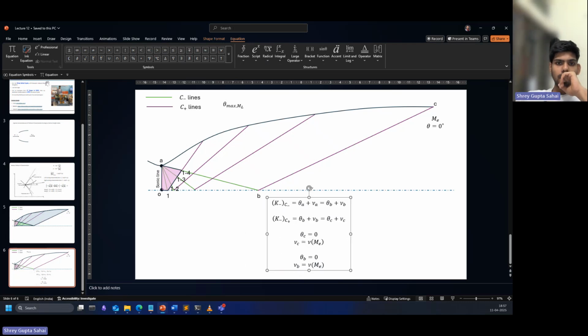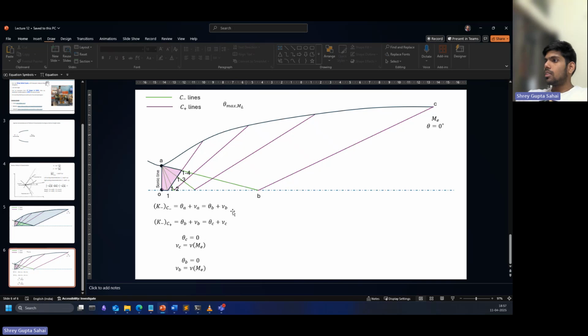Is mu a 0 or not? Well, mu a is not 0. See, mu a is the point. So along this C negative line, mu a is the point of flow.